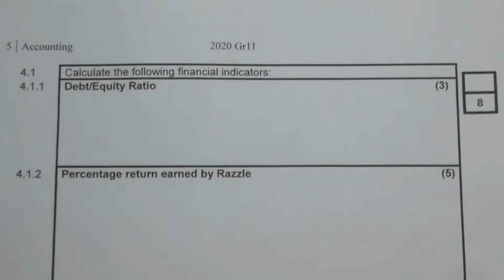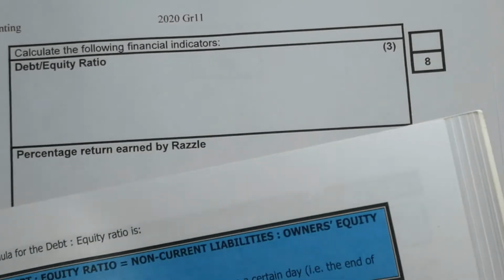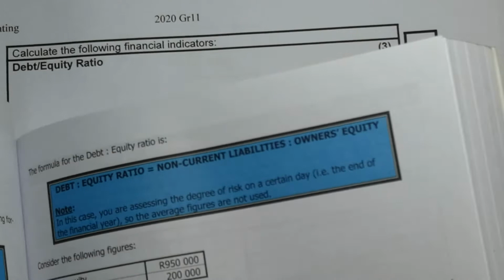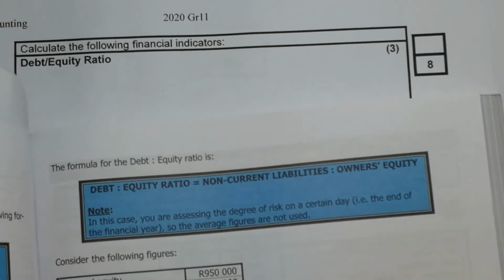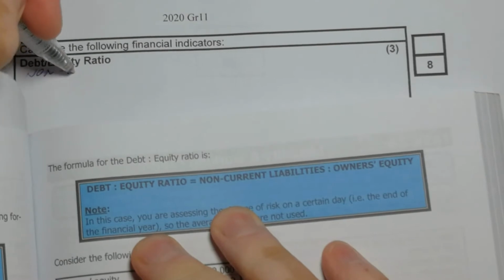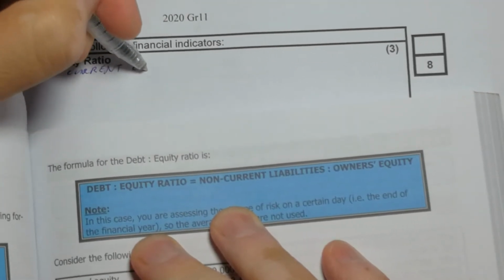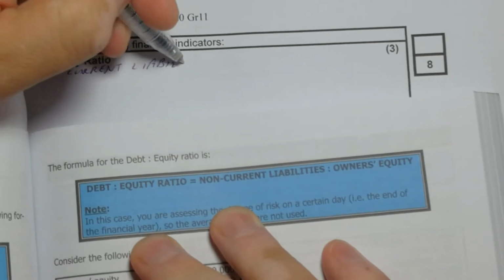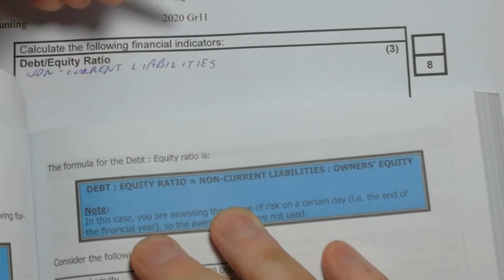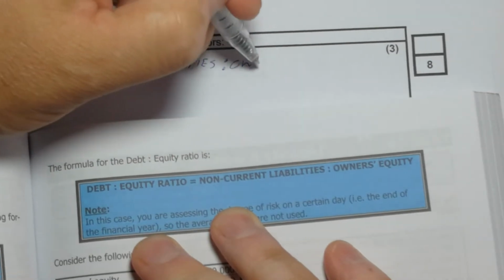We've got our debt equity ratio. In order to get our debt equity ratio, we have to use the following formula. That would be your non-current liabilities against your owner's equity.